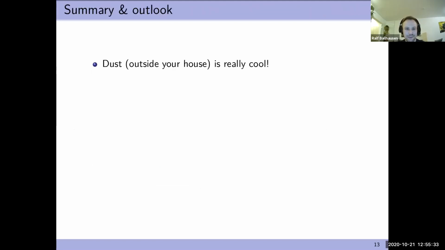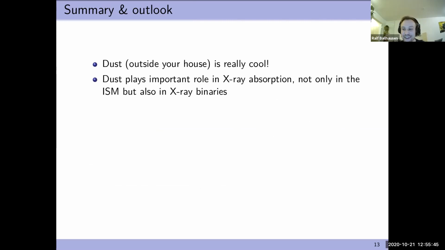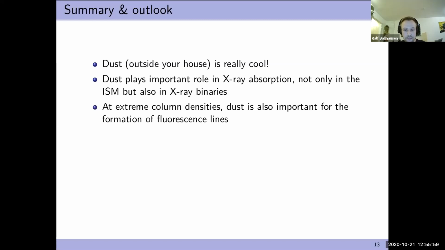So to wrap up, I hope I could convince you that to study dust in X-rays is really cool, great fun to look at, if it's not on your bookshelf, of course. It is not only a strong absorbing constituent in the ISM, but can also be important in X-ray binaries itself, as intrinsic absorption inside the binaries.